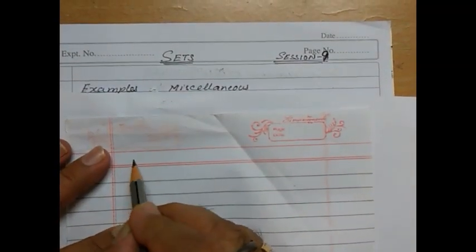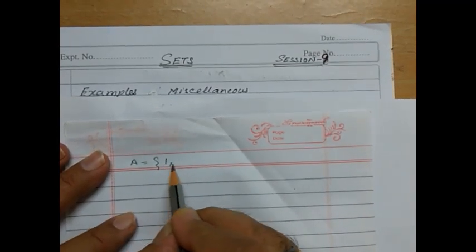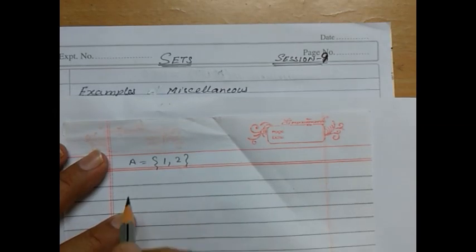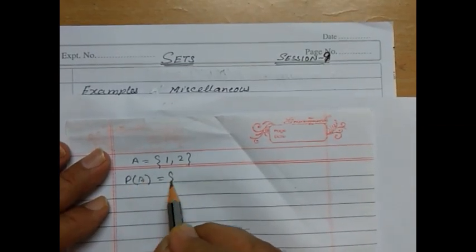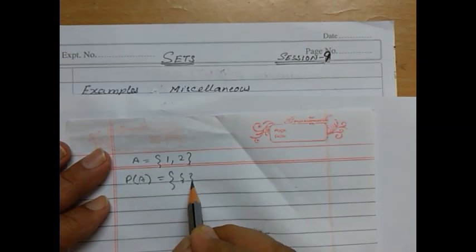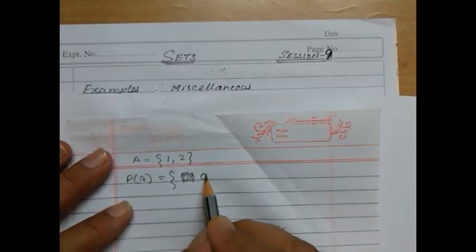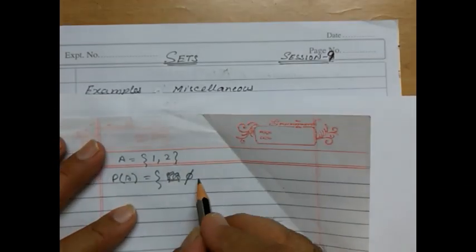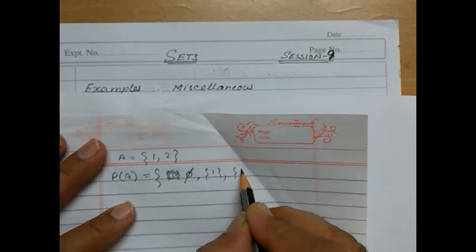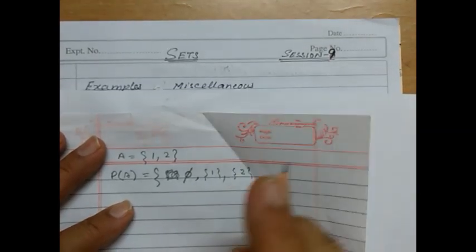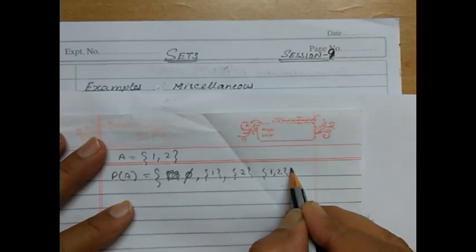So if I say that A has the elements 1 and 2, then the power set of A will be equal to the empty set, or instead of writing this empty set, we can write it as phi, then the set {1}, the set {2} and the set {1, 2}.